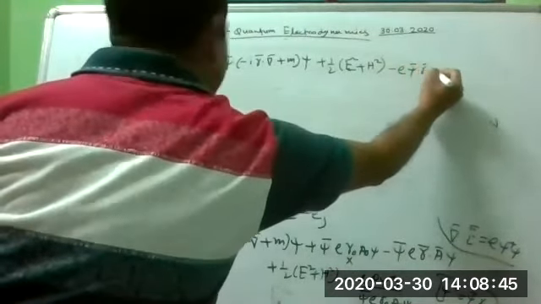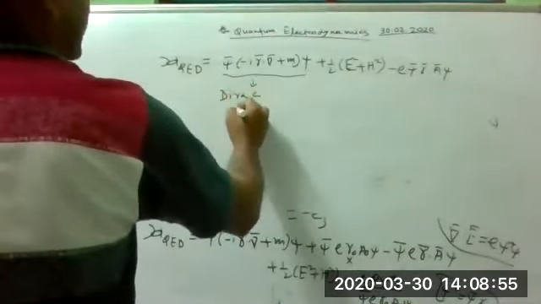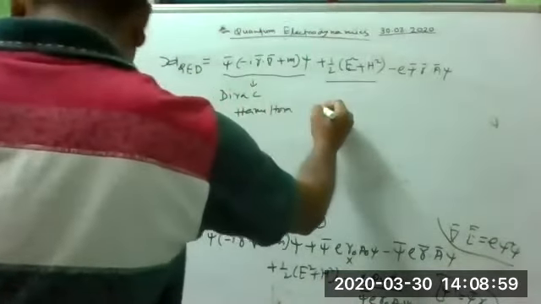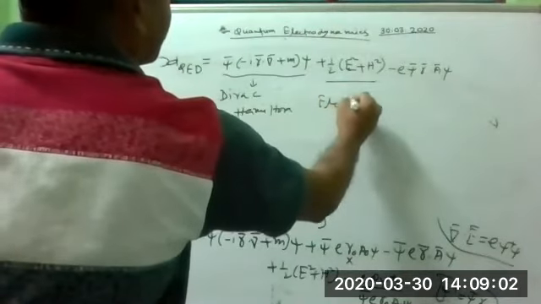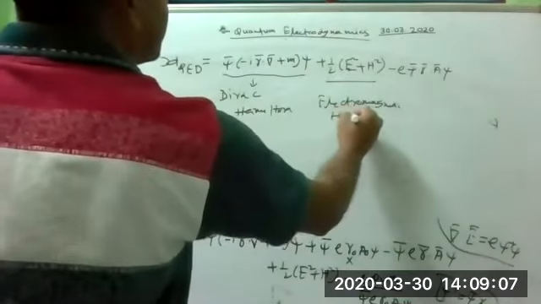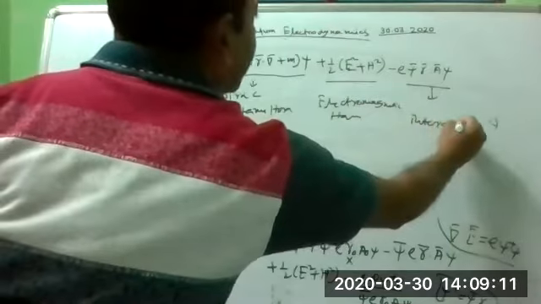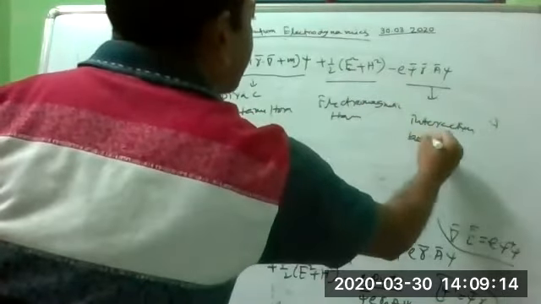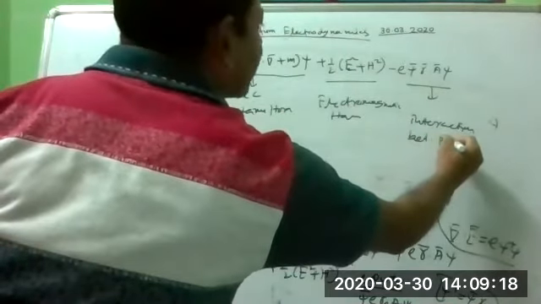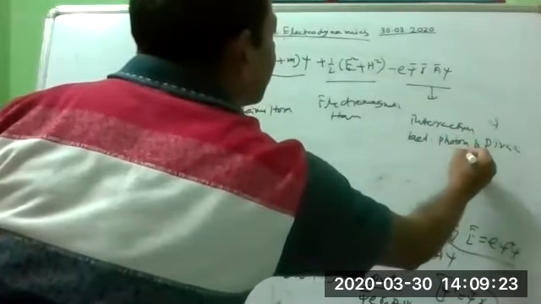So this term is actually the Dirac Hamiltonian. This term is the electromagnetic Hamiltonian. And this term is the interaction between the photon and the Dirac particles.